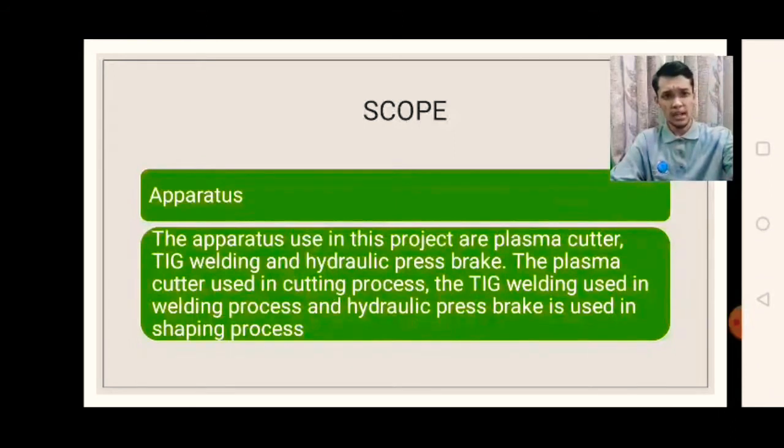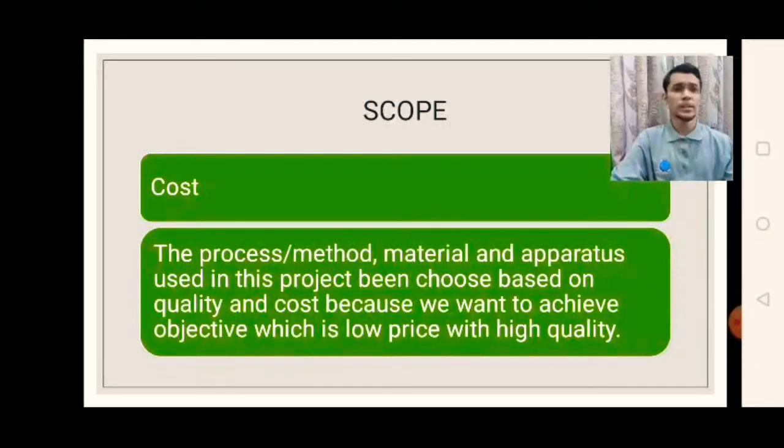So we go to the last scope in this project. The scope is cost. The process or method, material and apparatus used in the project have been chosen based on quality and cost, because we want to achieve the objective, which is low price with high quality.